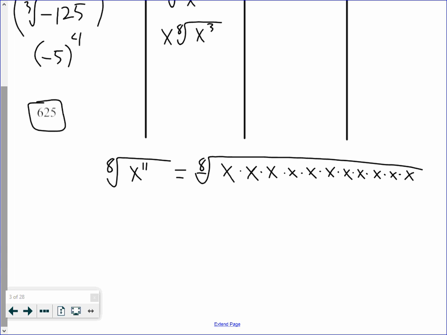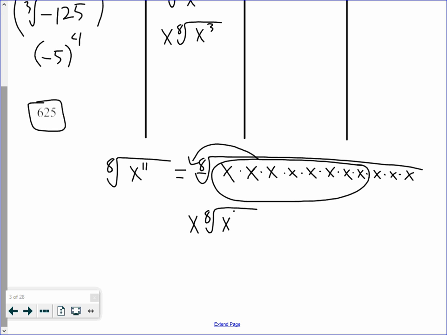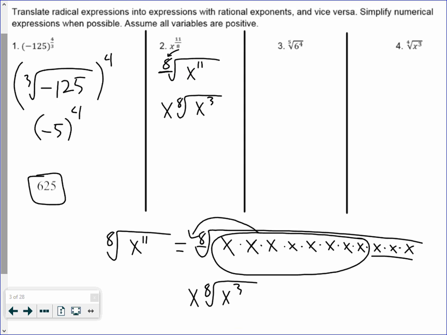We have one group of 8 right here, so we can take out 1 x. You have a group of 8 inside the radical, you take out 1 x to the front, and we're left over with these 3 x's, or x to the third. And that's how we simplify number 2. And that's why it works that way.